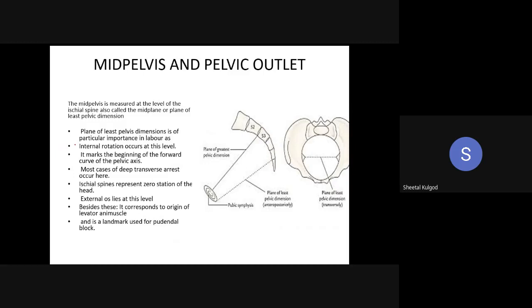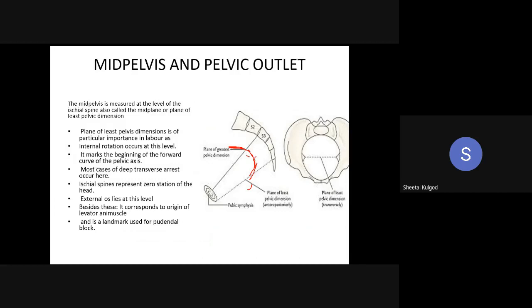Internal rotation of the fetal head occurs at this level. Then it also marks the beginning of the forward curve of the pelvis. As you can see there, the curve of the pelvis is called the curve of Carus, if you can remember. So it is initially backwards and downwards, and then it turns along the curve of the sacrum forwards, is it not?